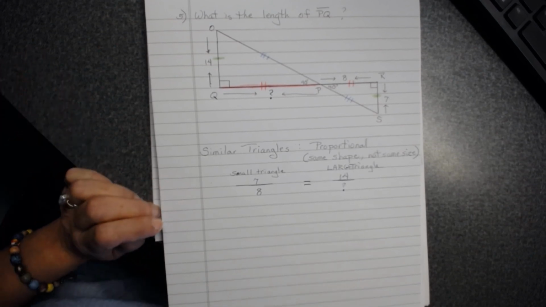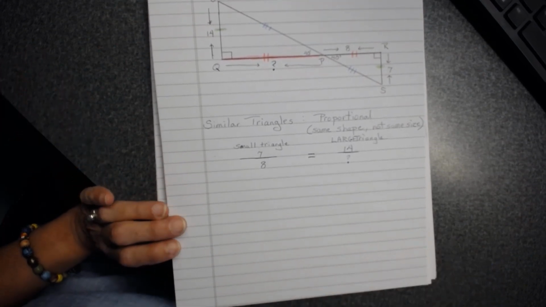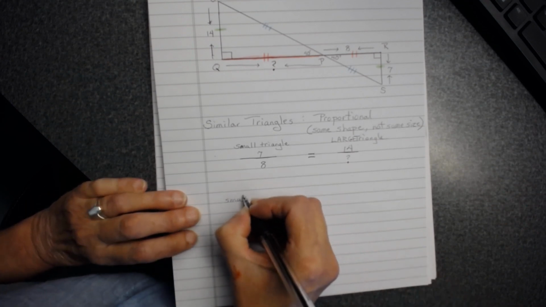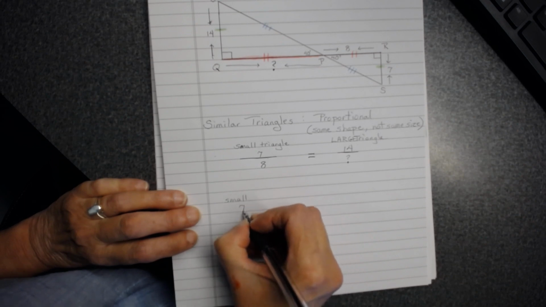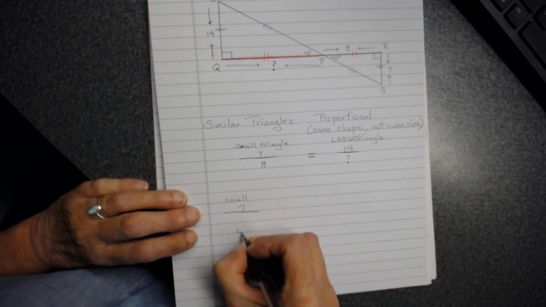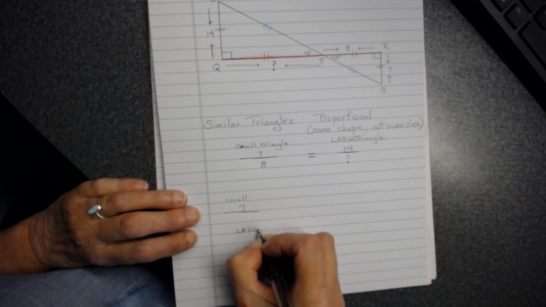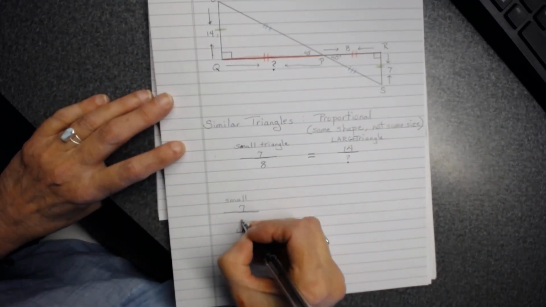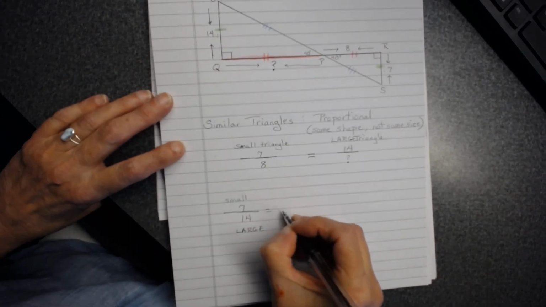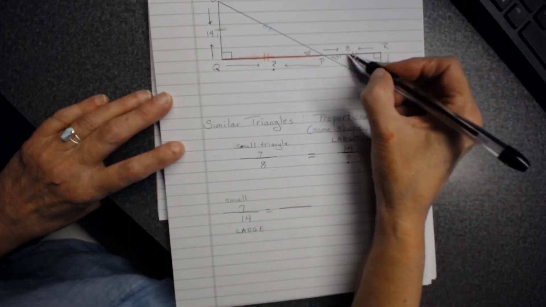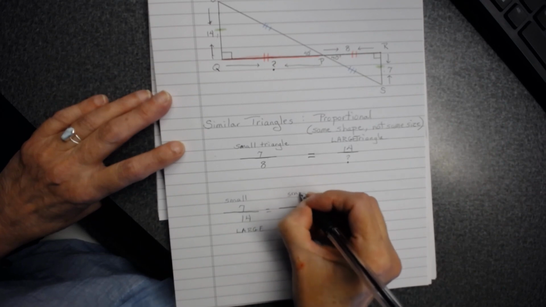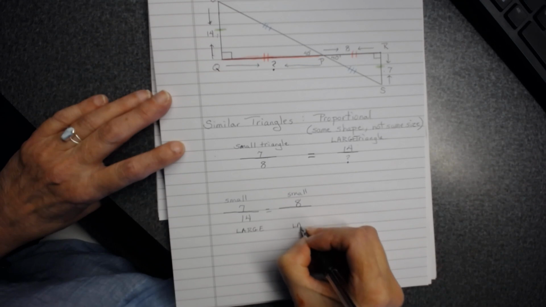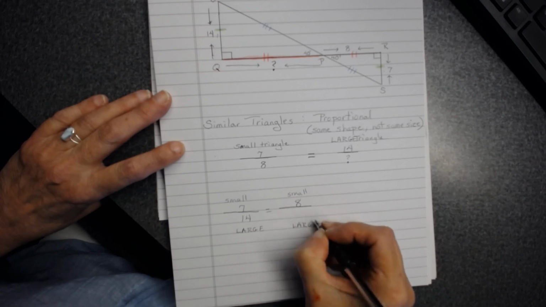That's one way we could set it up. We could also do it this way: small 7 is to large 14 as small 8 is to large question mark.